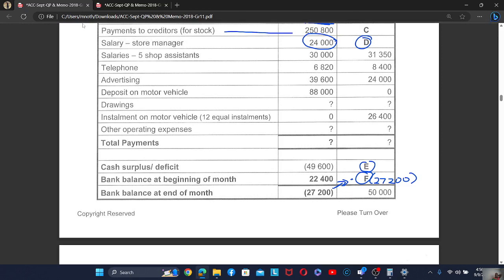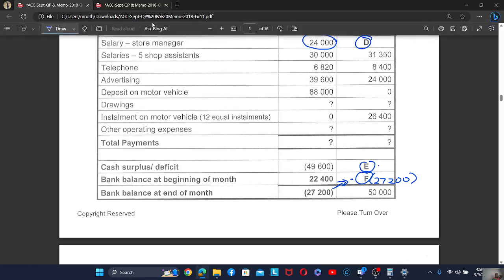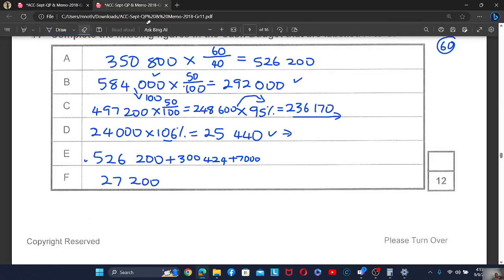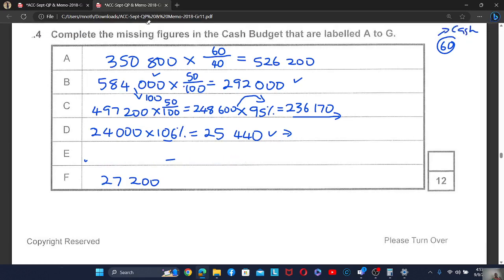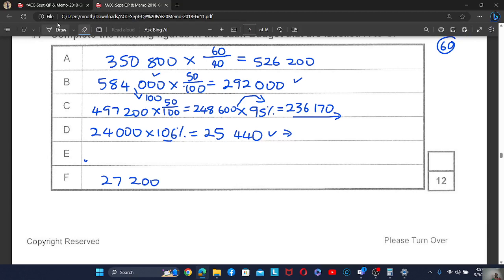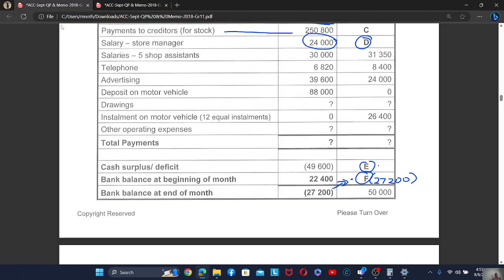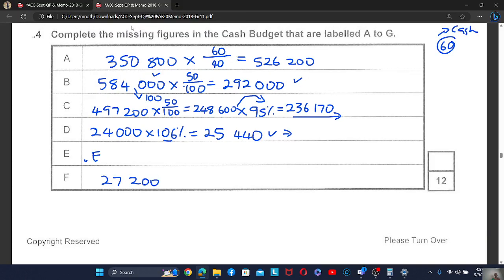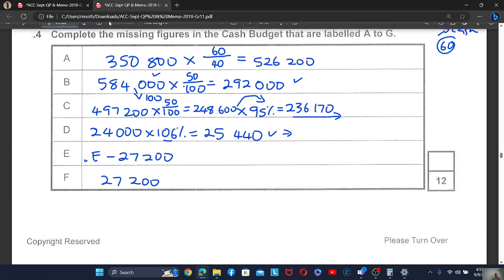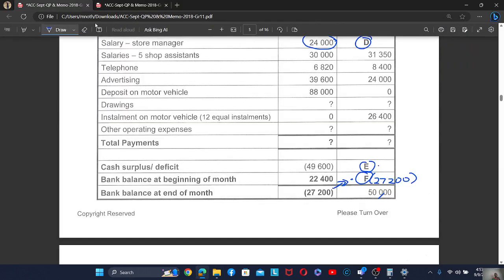You can see? Because let me just erase this, because I don't think this one will get us anywhere. So this actually means that to get that 50,000, we said letter E minus 27,200, because that 27,200 is in brackets, meaning that it's negative, right?